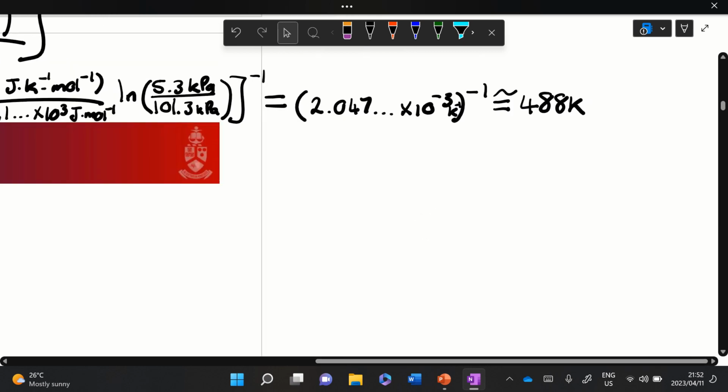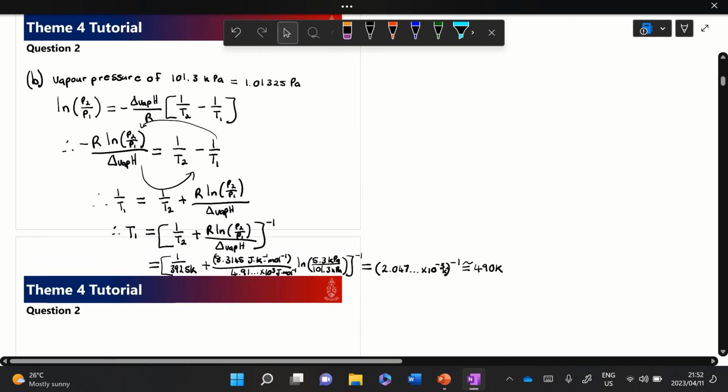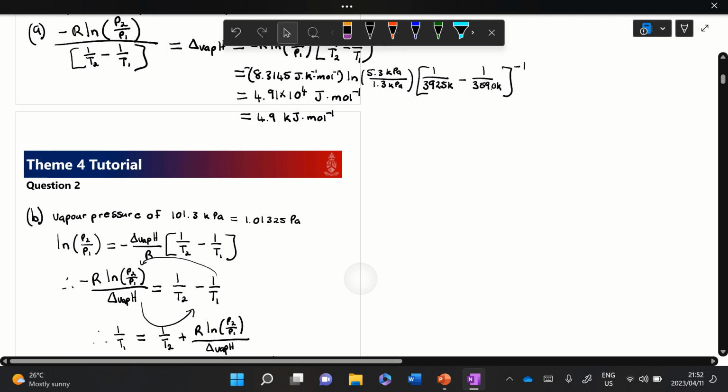Actually, it is two significant figures, so it's 490 Kelvin. Yeah, right, so 490 Kelvin is what we end up with.